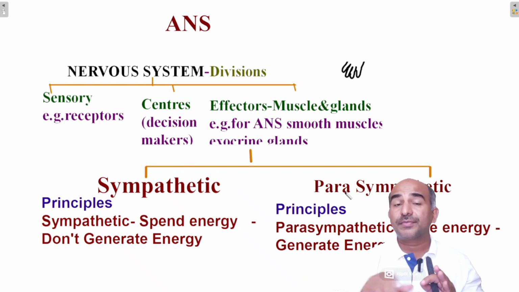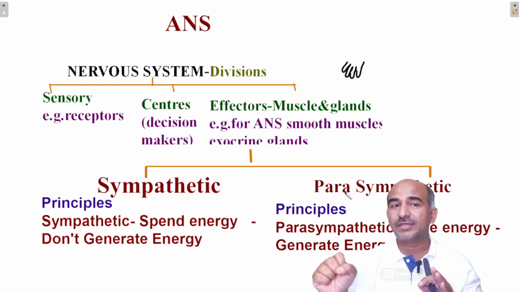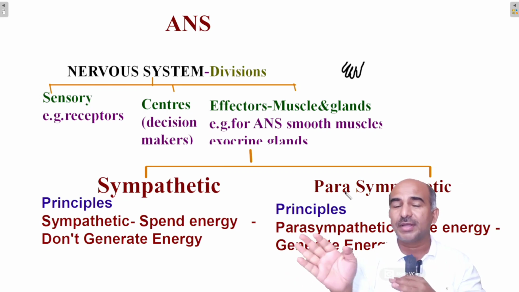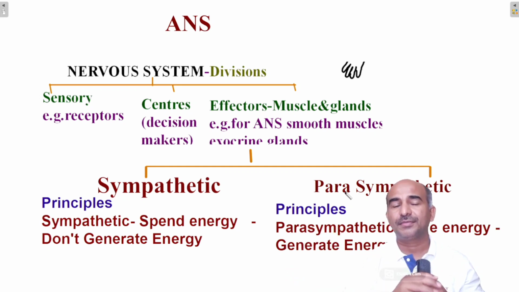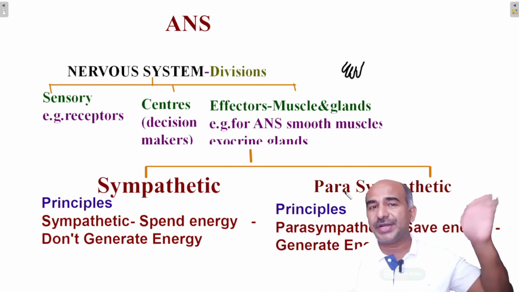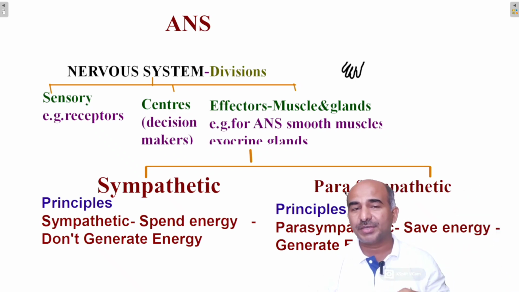So these are actions. Next, decrease motility of stomach and small intestine. Circular sphincters will constrict, and longitudinal muscles will relax, which lead to peristalsis. So these are actions of the sympathetic on the GIT and glands.